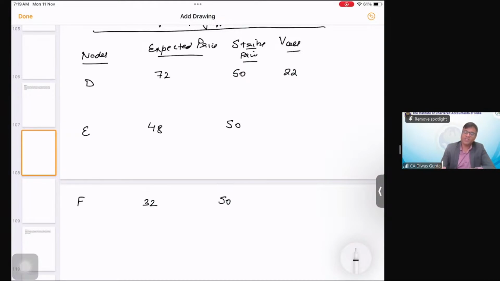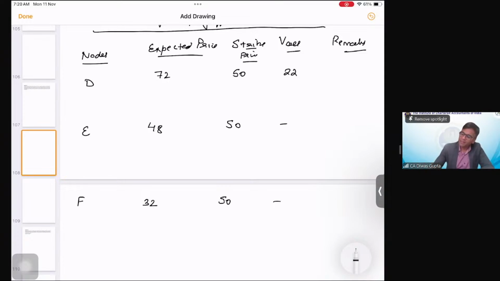Now, the second one, which is 48 minus 50, shall I write minus 2? No, sir. Strike price is greater than the expected price. Yes. So in that case, the payoff will be 0 because it's an option. Had it been forward, then we would have mentioned minus 2. But since this is an option, the lower expected price will not result into a loss to the option holder.